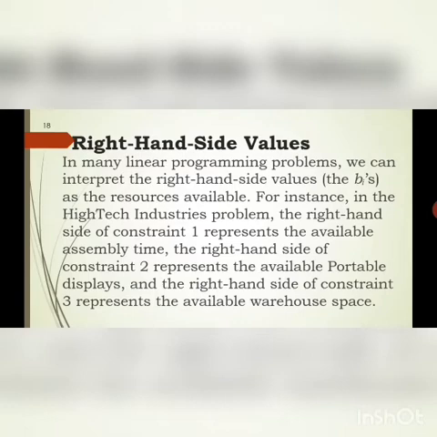The right-hand side of constraint 2 represents the available portable display, and the right-hand side of constraint 3 represents the available warehouse space. So, dual prices provide information on the value of additional resources. In these cases, the ranges over which these dual prices are valid are given by the ranges for the right-hand side values.